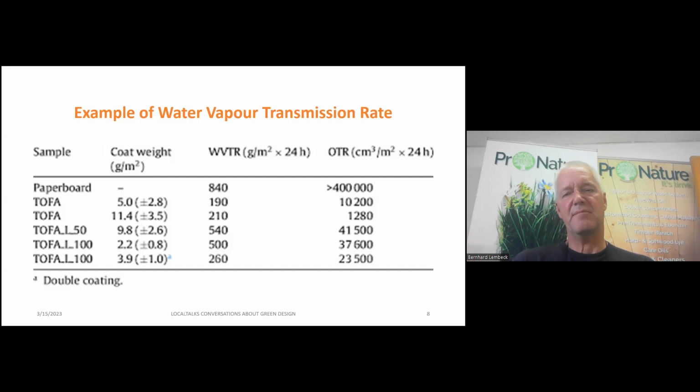And the paper board actually allowed an absorption of 850 grams per square meter in 24 hours. And by coating that paper board, in this particular case, we didn't do those studies ourselves, I just present a copy thereof.